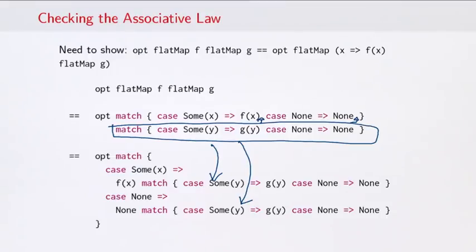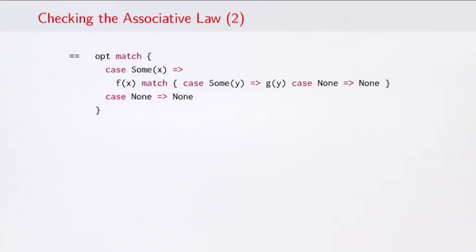So let's look at the case None here first. If the optional value is None, then we have the match None, case Some(y) giving g(y), case None giving None. So obviously it would be the second pattern match that applies, and the whole expression simplifies to this one that you see here. So the second case is just if we get a None, we keep a None. Let's turn to the first case.